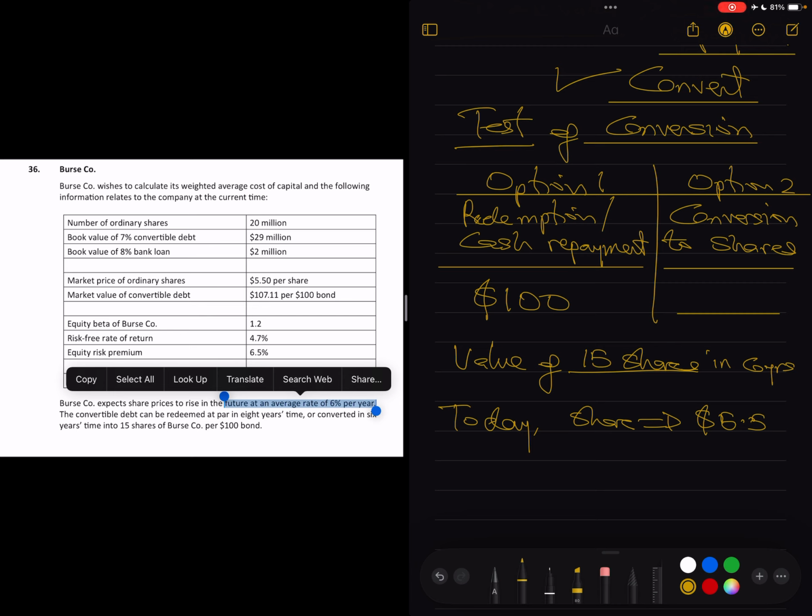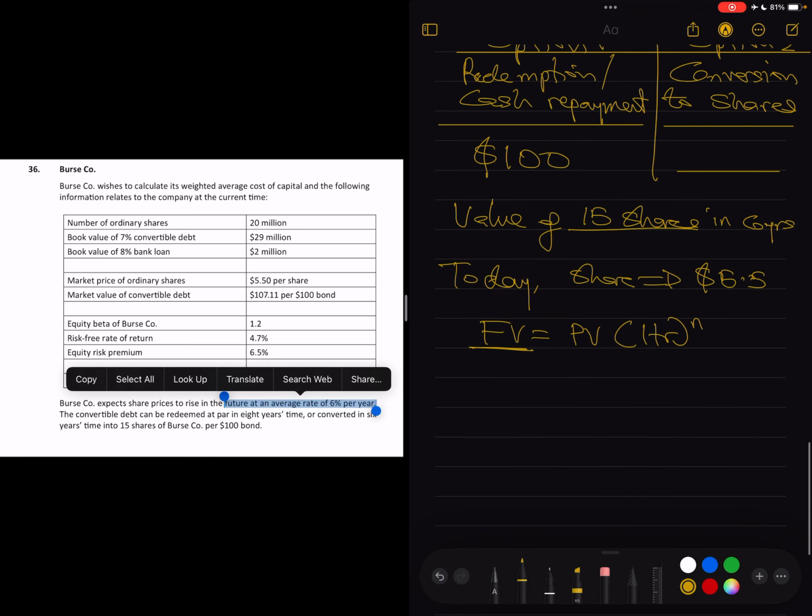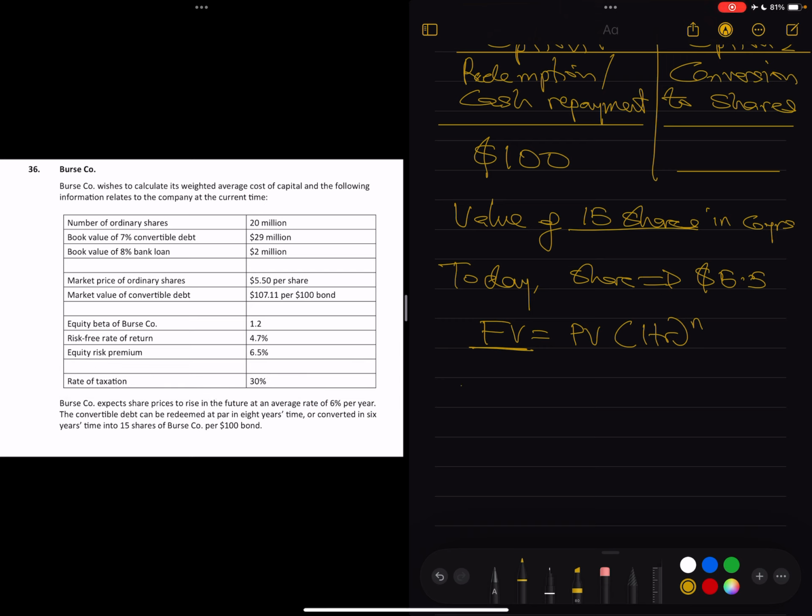So which means that if you remember this formula, future value equals present value into bracket 1 plus r raised to power n. We can use this formula to get the future value of that share by growing the share at 6% every year. So the future value price of the share will equal the present value, which is the share price as at today, 5.5.